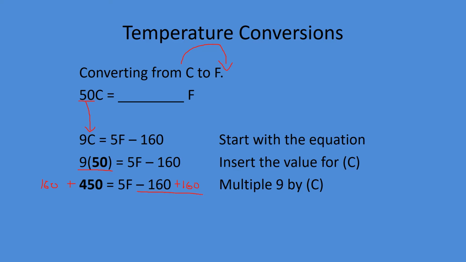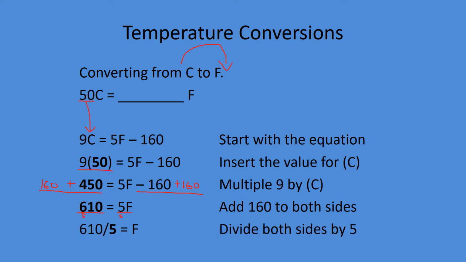The right-hand side goes to 0, and the left-hand side becomes 610. Our last step is to divide both sides by 5. 610 divided by 5 gives us a Fahrenheit temperature of 122 degrees.